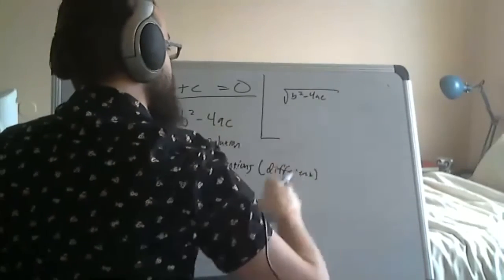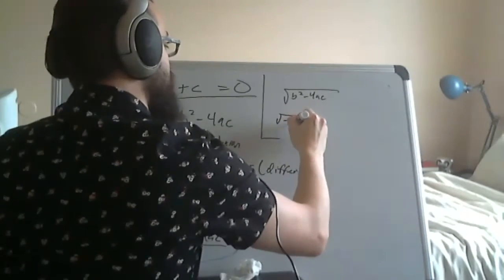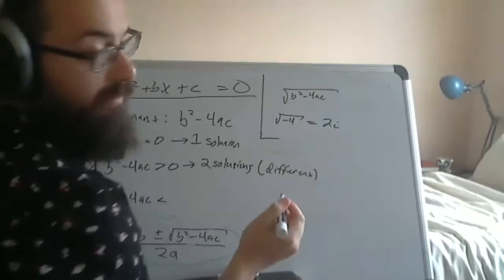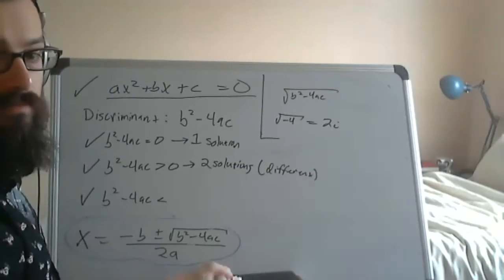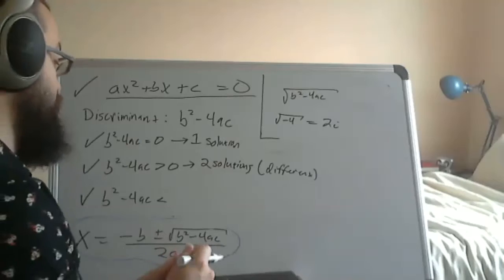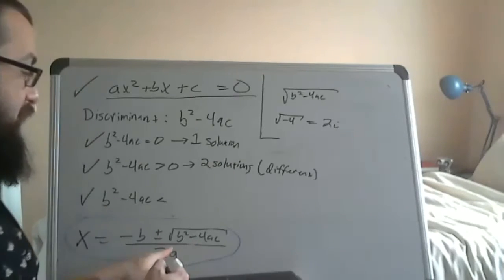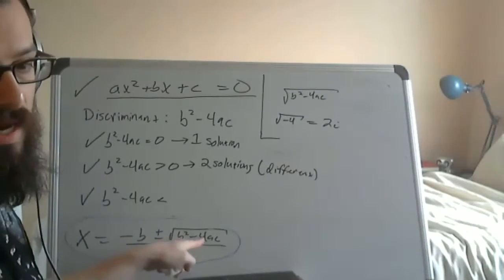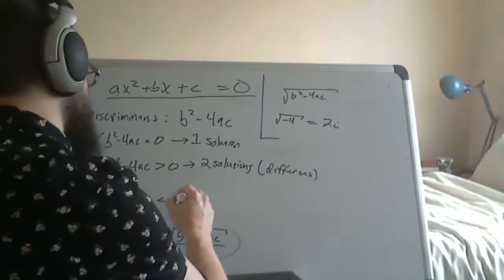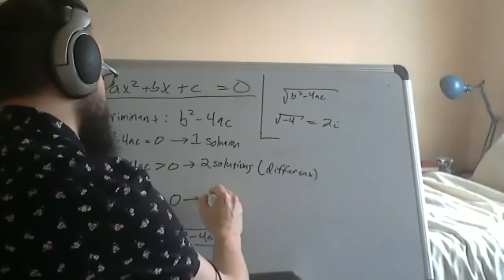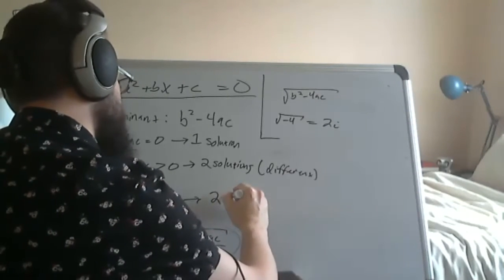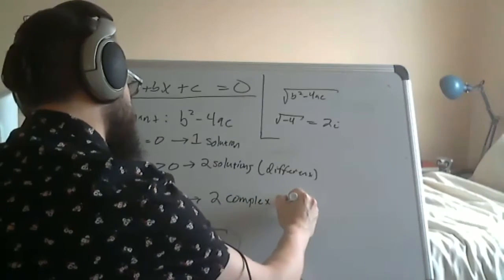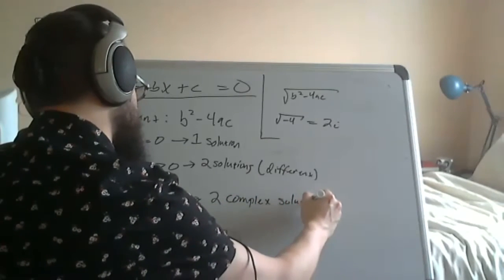So if this ended up being the square root of negative 4, something less than 0, this is going to equal 2i. So what that means is you're going to be adding and subtracting something that has an i in it. So if this is less than 0, you're going to get two complex solutions.